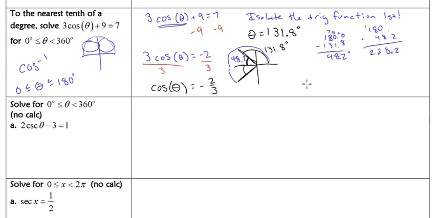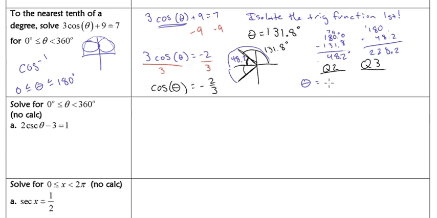So let's go and write out our values. We know that theta is equal to, well, in quadrant 2 and in quadrant 3 is where our two answers lie.